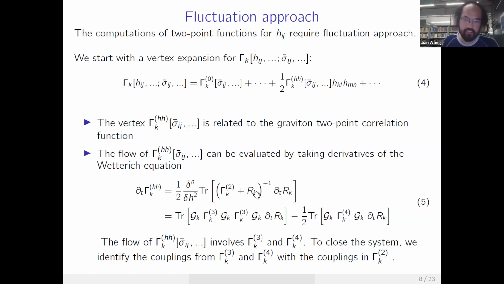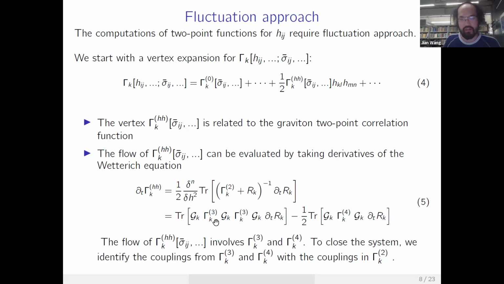Here, GK is just the renormalized propagator. This means that if we want to compute the flow of the graviton two-point functions, we need the information about the three-point and four-point vertices.